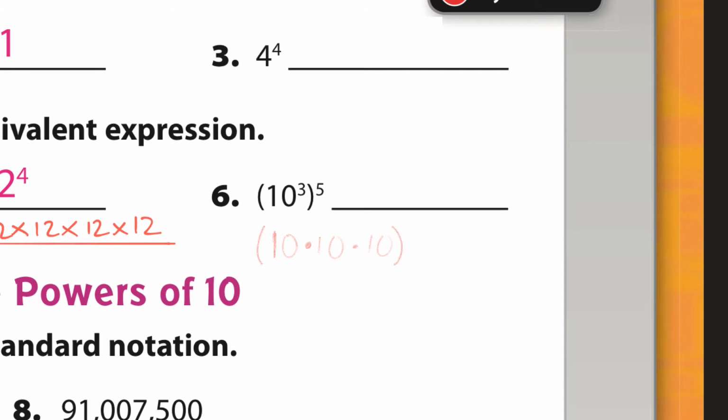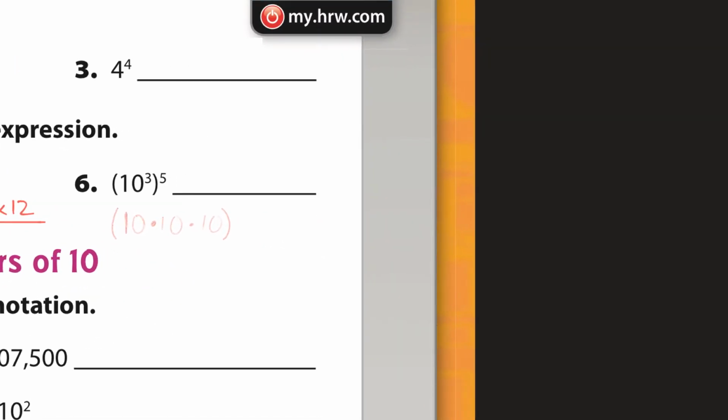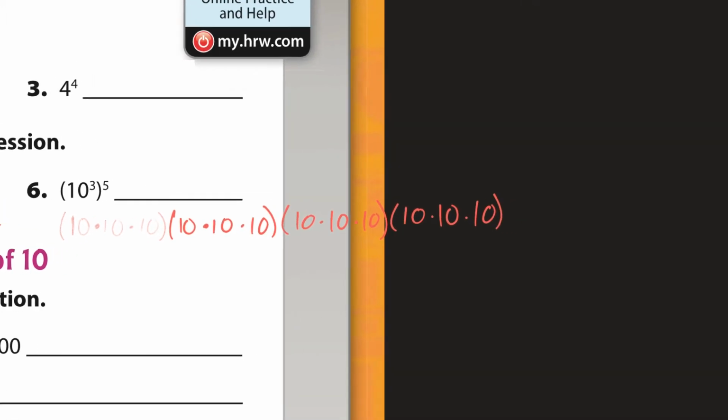That's too light. Okay, 10 to the third, and then to the fifth means I have to do this 5 times. 10 times 10 times 10, that's doing it 2 times. 10 times 10 times 10, that's 3 times. 10 times 10 times 10, 4 times. And make it smaller.